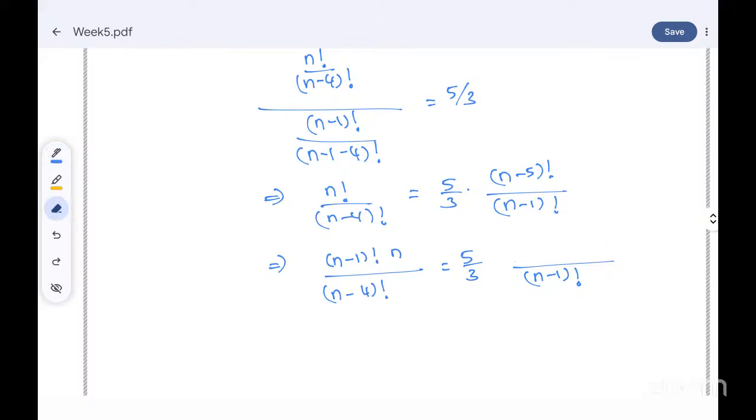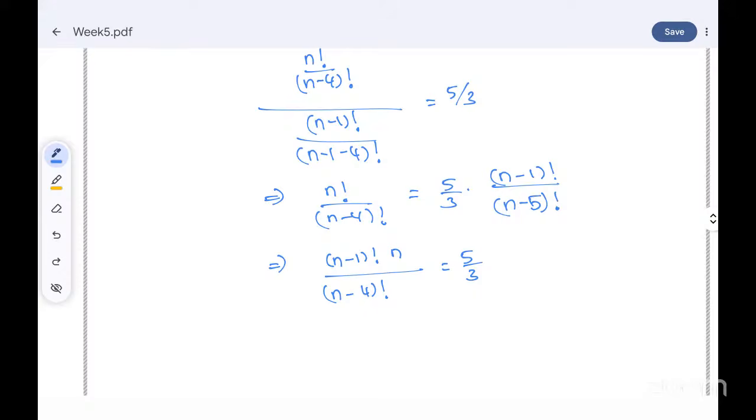Ma'am, actually, on the right side it should be 5 by 3 into (n minus 1) factorial divided by (n minus 5) factorial in the second step, because that has gone to the other side. Yes, correct. So this is (n minus 1) factorial divided by (n minus 5) factorial.